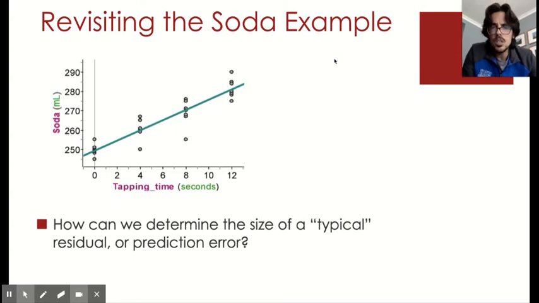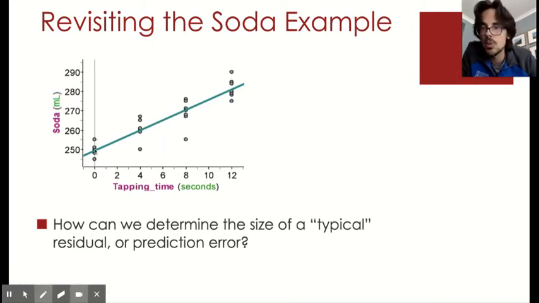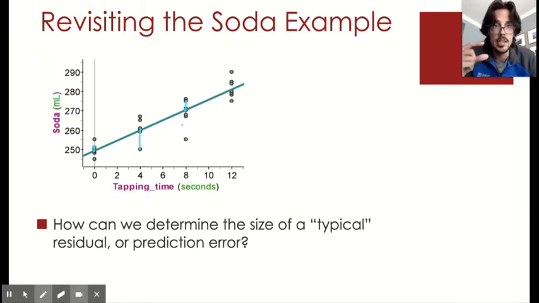But we want a way to be able to talk about the different sized errors for each of these points right here. So when we're looking at a line of best fit, we may want to look at how much was this point off by versus how much was this point off by versus how much was this point off by, to get a sense of what a typical residual size is.